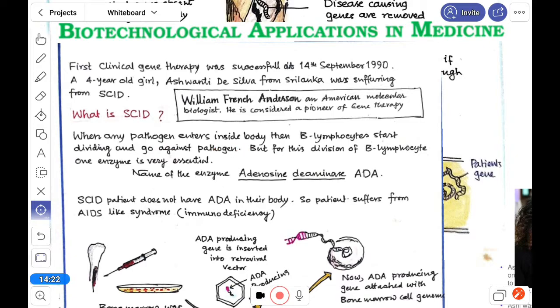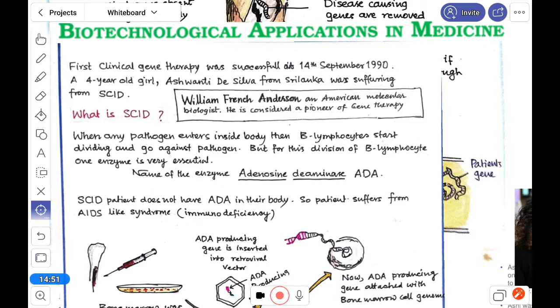This is very simple. You know that B lymphocytes divide and increase in number. But for this division, one enzyme is required. The name of the enzyme is adenosine deaminase, ADA. I think everybody has got that.